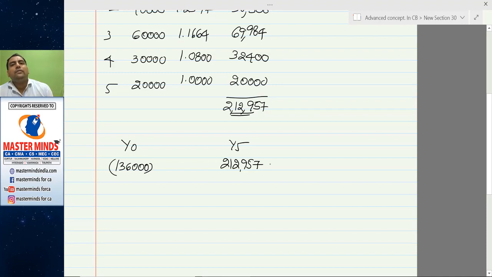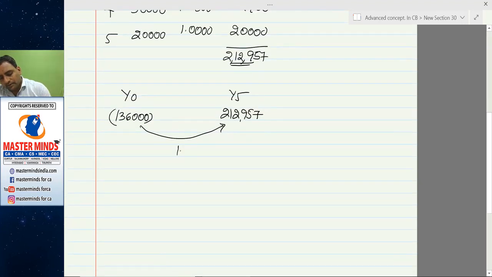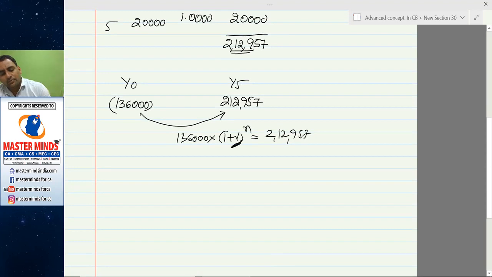In two ways you can take the modified IRR. 1,36,000 into 1 plus R whole power n must become 2,12,957. It is the compounding rate at which this investment equal to future value is the IRR.